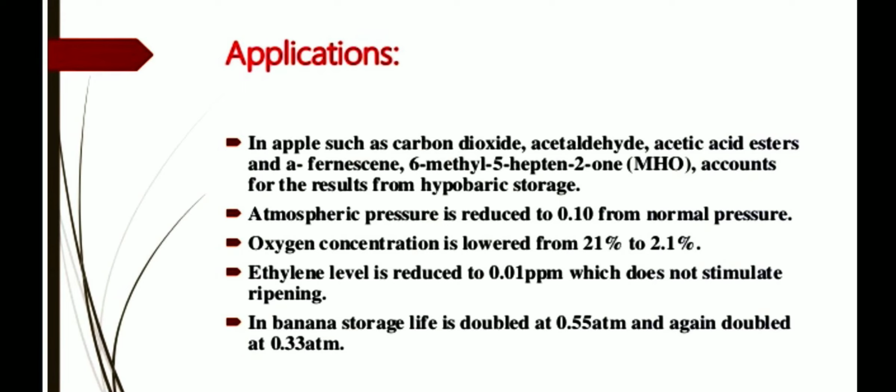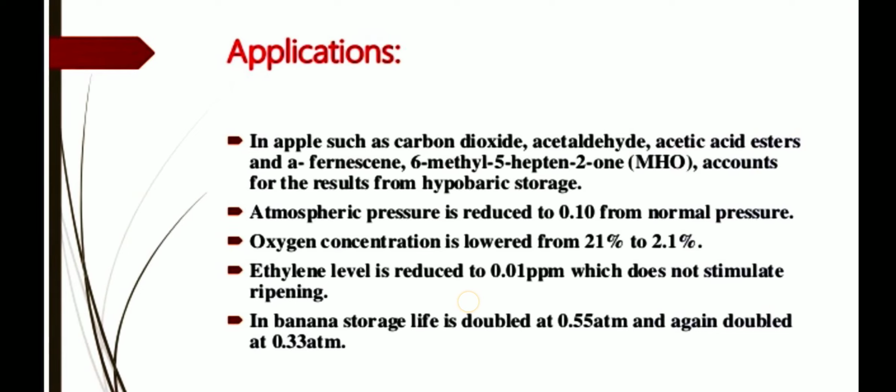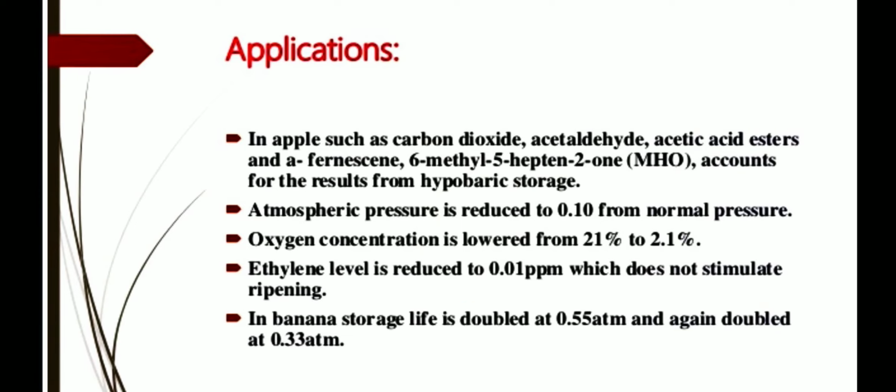The reduction to 0.1 of atmospheric pressure from normal pressure can reduce the oxygen concentration from 21 to 2.1%. And the ethylene level is reduced to 0.01 ppm, which does not stimulate ripening. So it lowers the ripening.